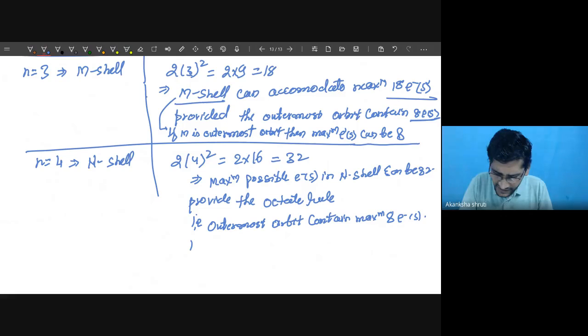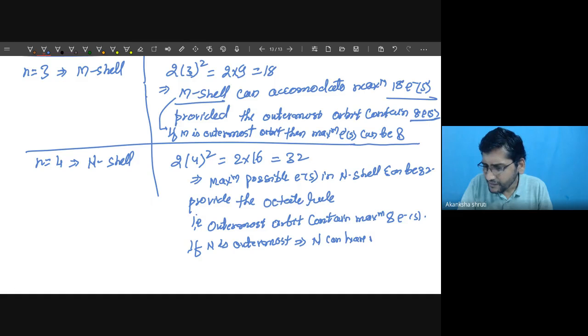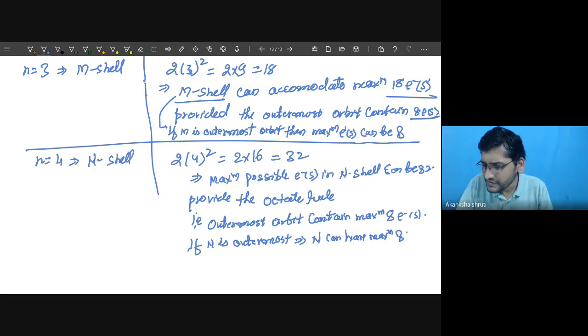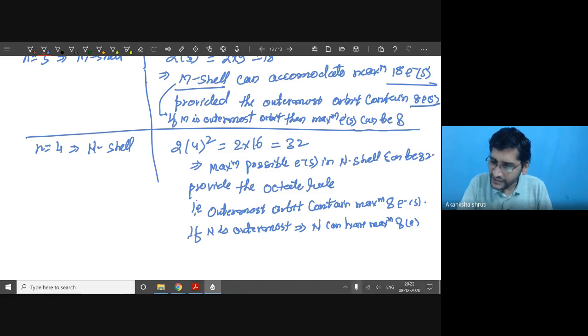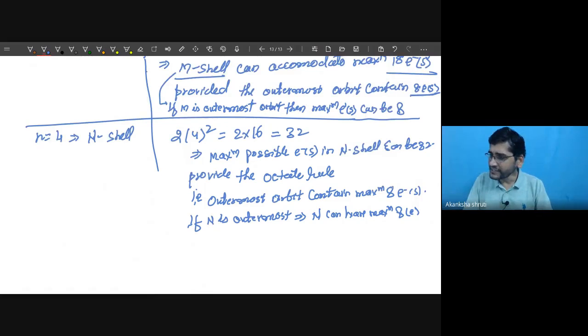The same thing here also: if N is outermost, then N can have maximum 8 electrons. So this can accommodate 32 only if it is not the outermost.